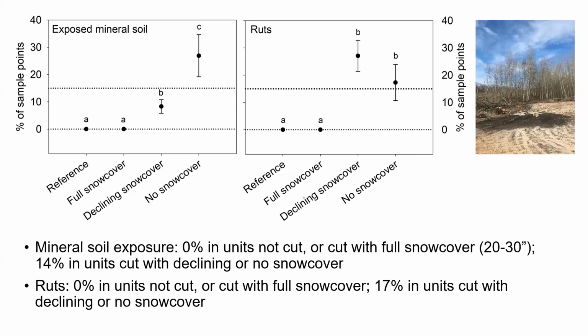So we were able to look at the timing of harvest relative to the loss of the snow in April of that year, and see how really with snow cover present, there was little to no soil disturbance, and with snow cover gone, there was considerably more, statistically significantly more soil disturbance. So that was an example of how we designed scientific monitoring to support addressing a project monitoring variable.